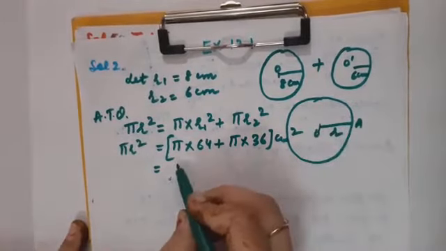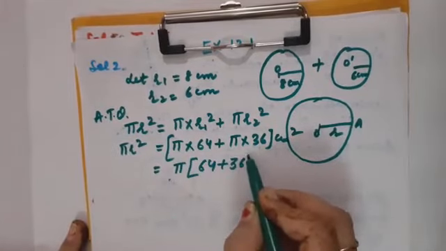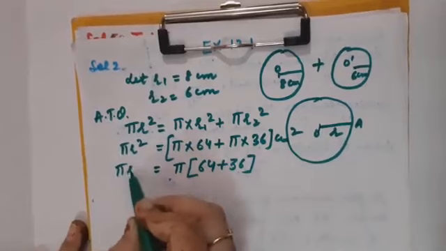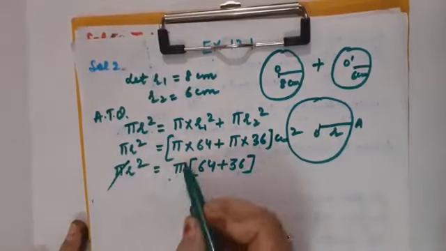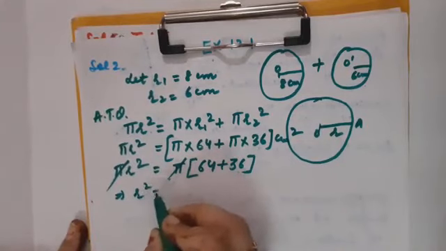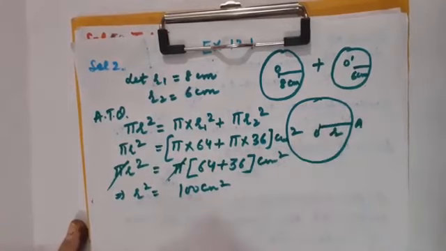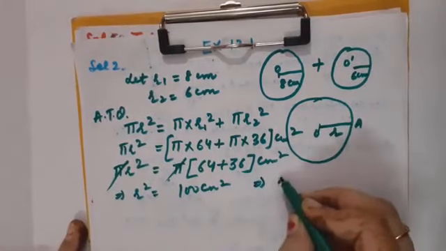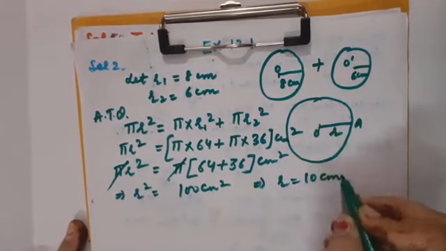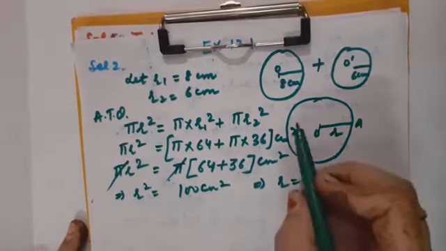So I am going to take pi as common. 64 plus 36 will be there in the bracket. This is pi r square. Pi and pi are going to be cancelled. So it implies r square is equal to 100 centimeter square. So it implies r is equal to 10 centimeter, which is nothing but the radius of the bigger circle.